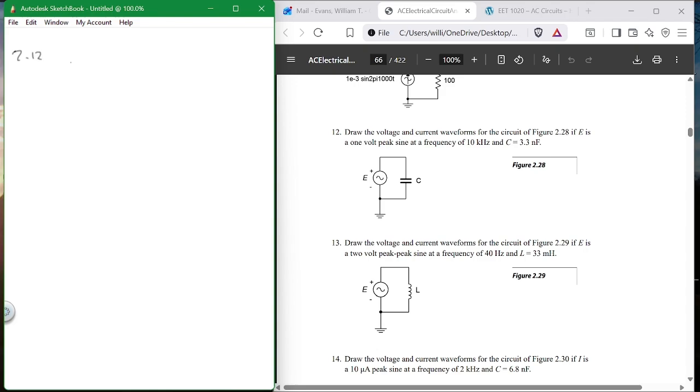We have a circuit of 1 volt peak, frequency of 10 kHz, and a value of C equal to 3.3 nanofarads. Nano means minus 9. So what is X sub C?